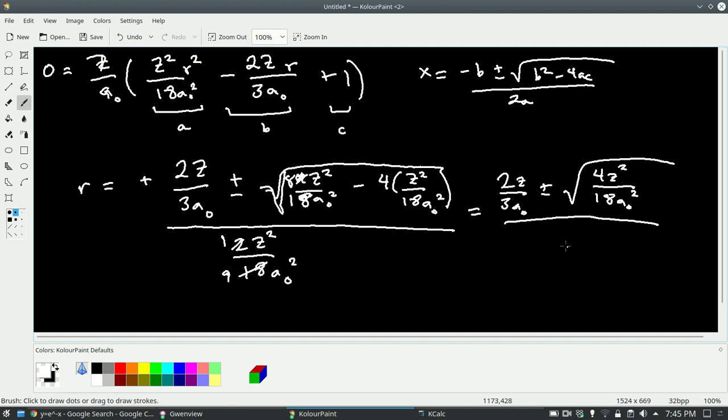That is over z squared over 9 a naught squared. So z squared over 9 a naught squared. Alrighty. Now I am going to get rid of this radical by taking the square root of something.